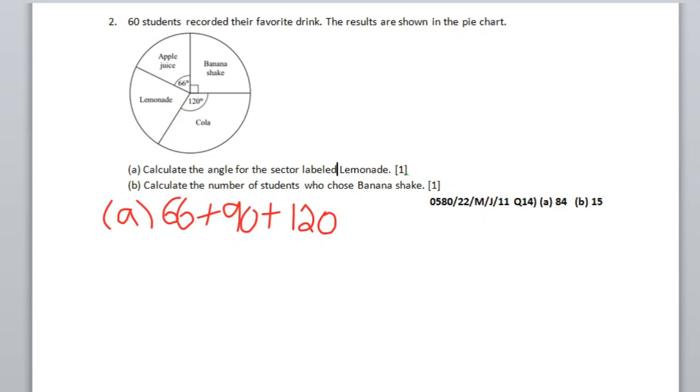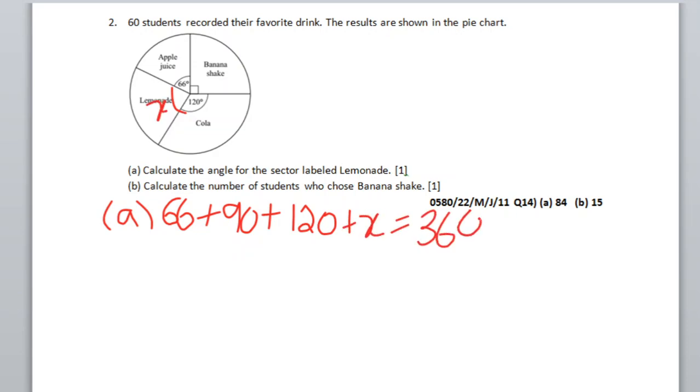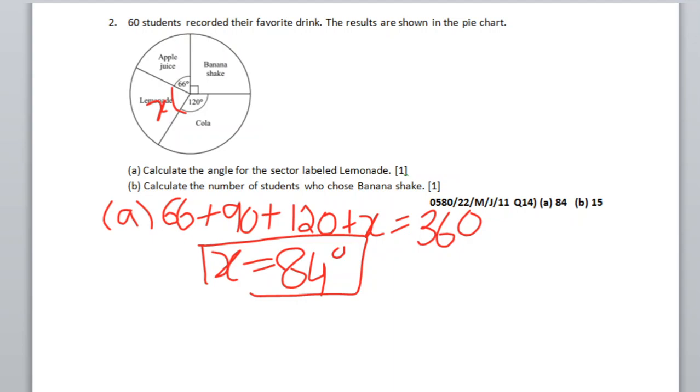So plus x will sum up to 360 degrees. So plus x is equal to 360. Add all of these, subtract from 360, and you will get x is equal to 84 degrees. So the angle of the sector labeled lemonade is simply 84 degrees.